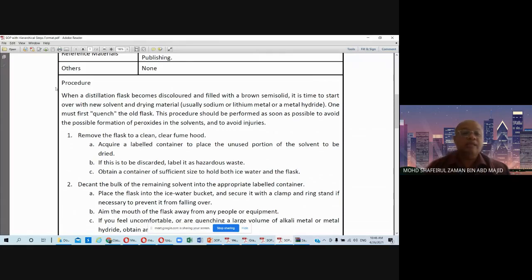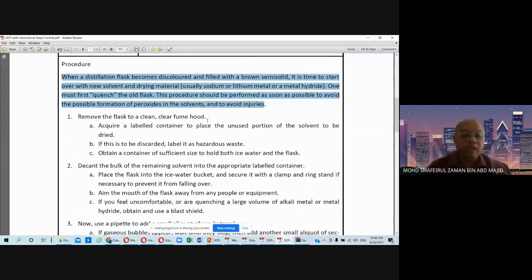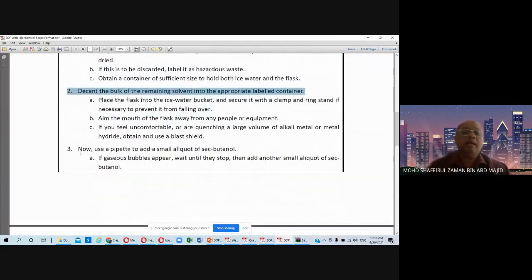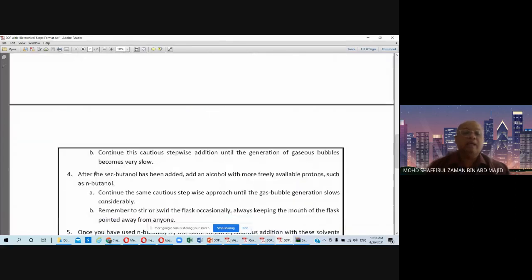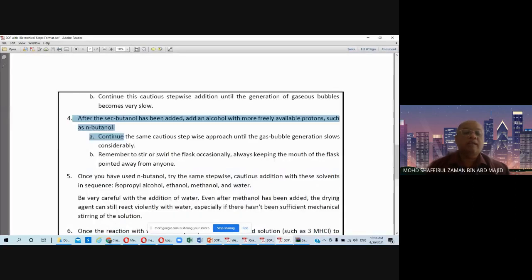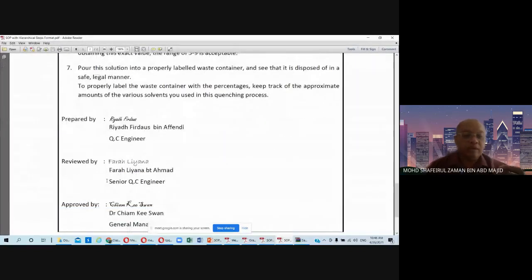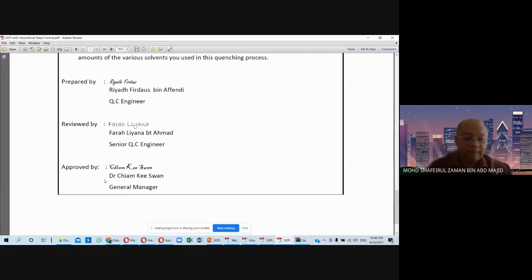So this is the procedure, and what are the steps? Number one, number two, number three, number four, until the end of it. And do not forget, you have to include the prepared by, reviewed by, and approved by.